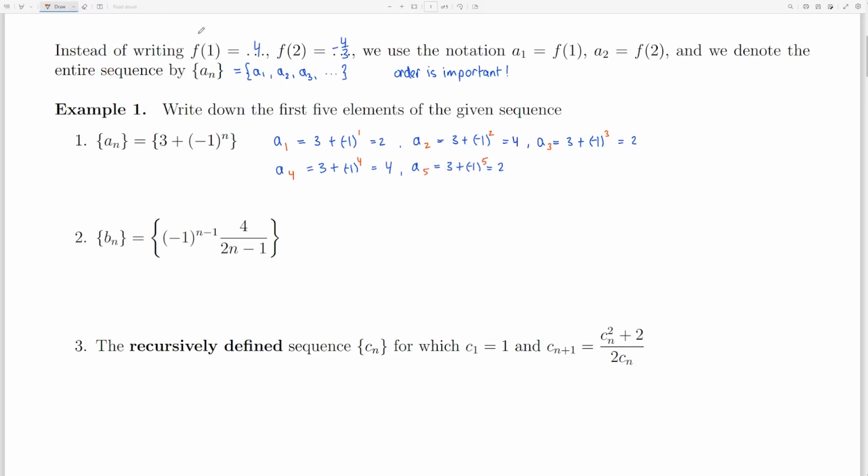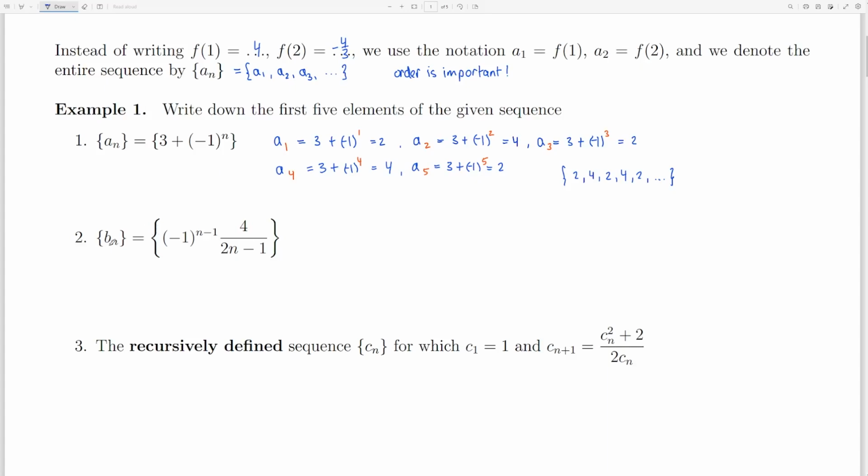And so the first 5 elements of the sequence, we can write it as 2, sorry, we have to start with 2. So a sub 1 is equal to 2, then a sub 2 is 4, then we have 2, then 4, then 2, etc. So what we see here is that the whole sequence is an alternating collection of 2s and 4s.